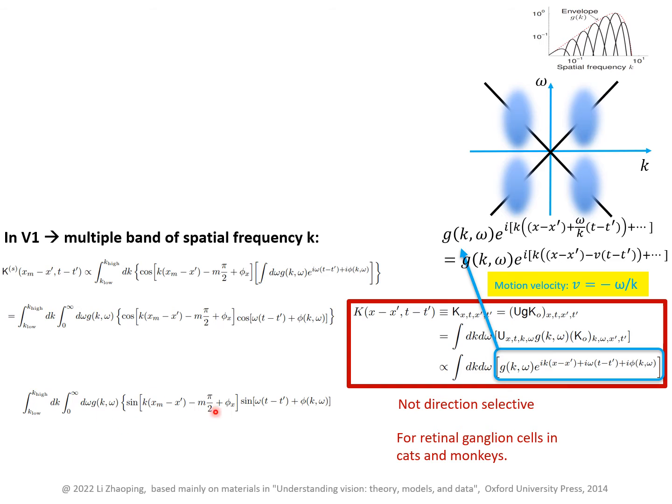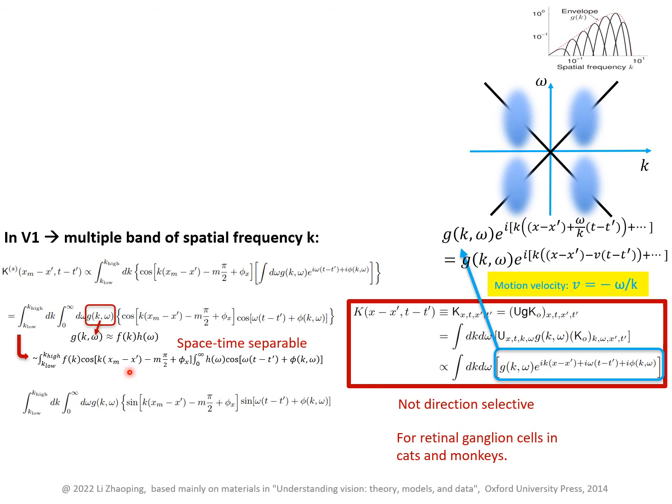Neither of these two filters is tuned to motion direction. This is because each is roughly a space-time separable filter. This can be seen if we treat this gain function as a product between a function of k and another function of omega; then this is roughly a product between a spatial function and a temporal function.